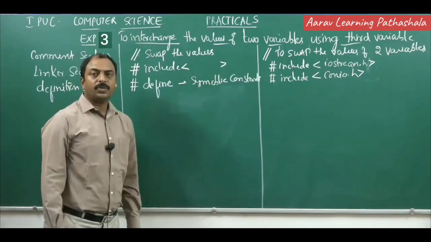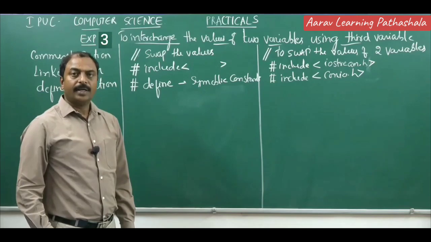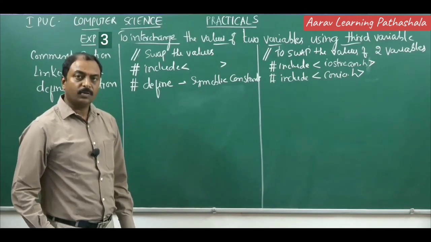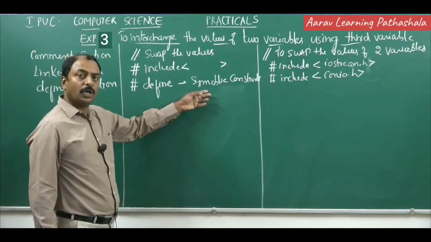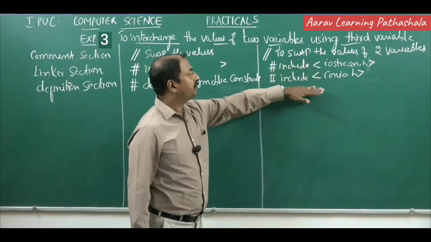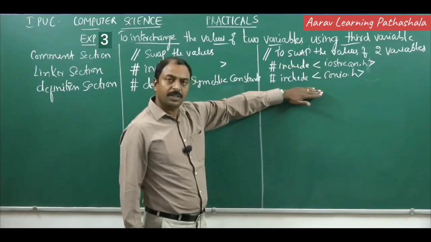For example, you know the value of pi. Suppose we want to use the value of pi as 3.1416 in our program, then we can make use of this section. This is again optional. In this program, as we are not using any constants, we are not using this section here.